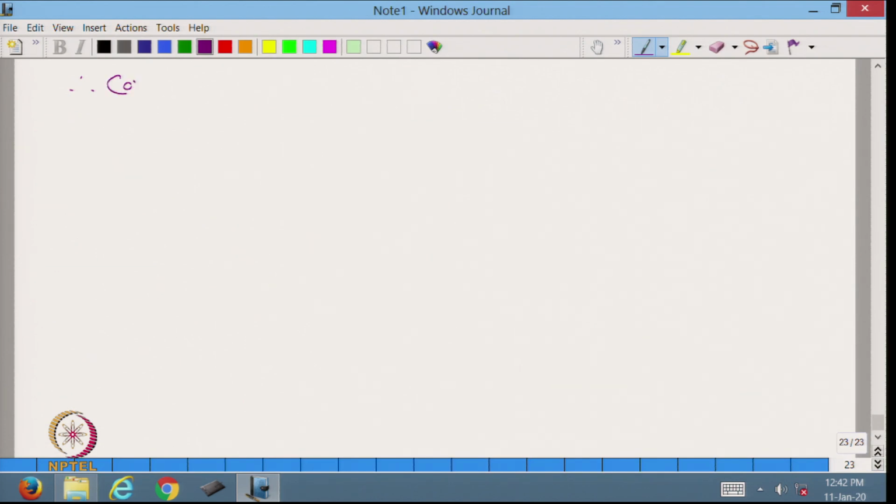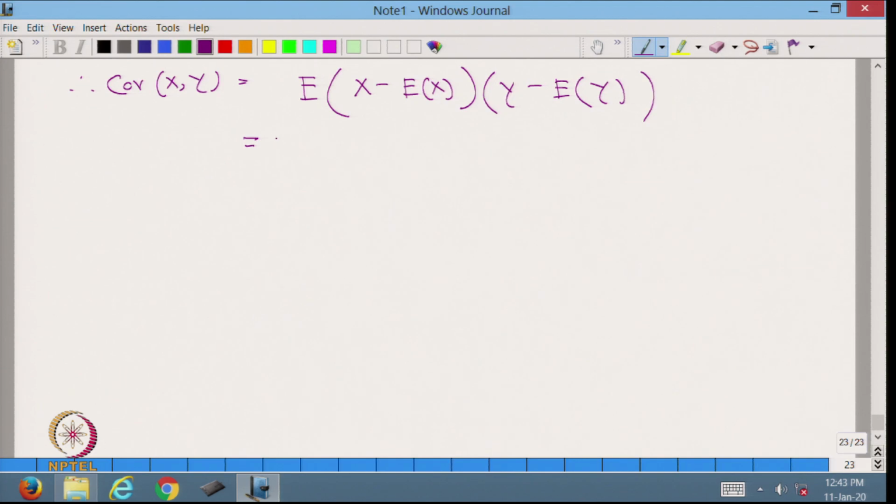Therefore, covariance between x comma y is equal to expected value of x minus expected value of x into y minus expected value of y, which is equal to expected value of h into u minus expected value of u into k times v minus expected value of v, which is h k.